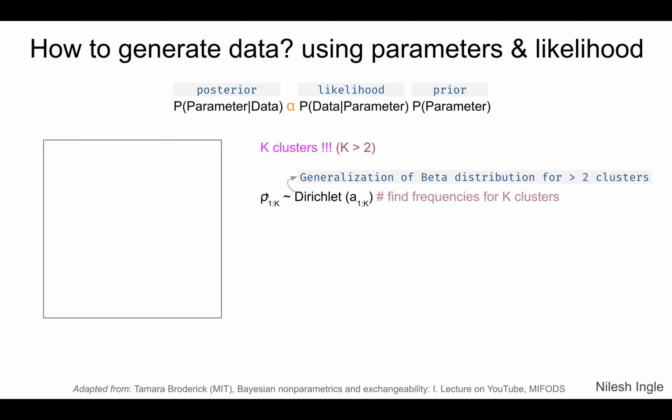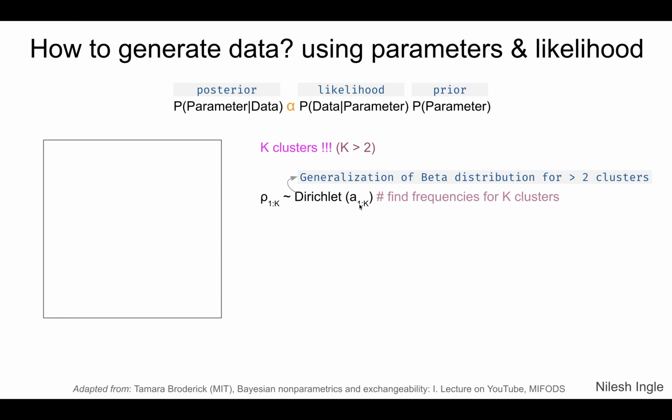So the probabilities that we would get from a Dirichlet would be from 1 to k, so we can get as many probabilities as there are classes in the dataset. So here we have the input of hyperparameters.